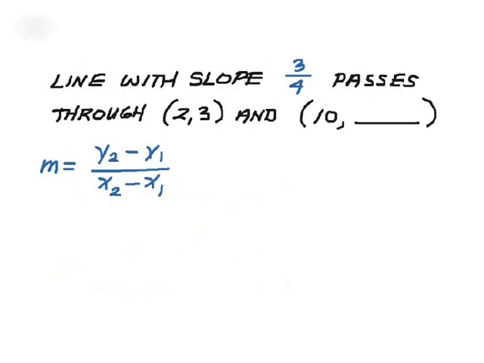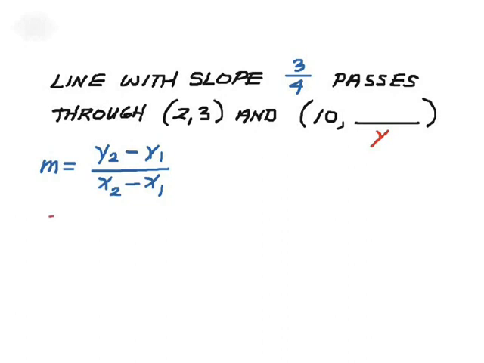Okay, let's just do one little example of how to use slope to solve a problem. I'm given that there's a line with a slope of 3/4 that passes through the point (2, 3) and (10, blank). And what we need to do is find that missing y coordinate of that point. So using the slope formula, I can plug in what I know.